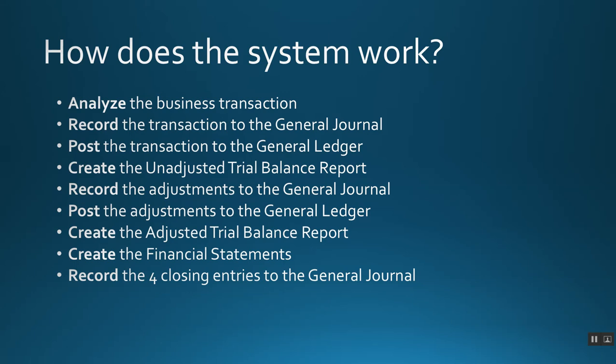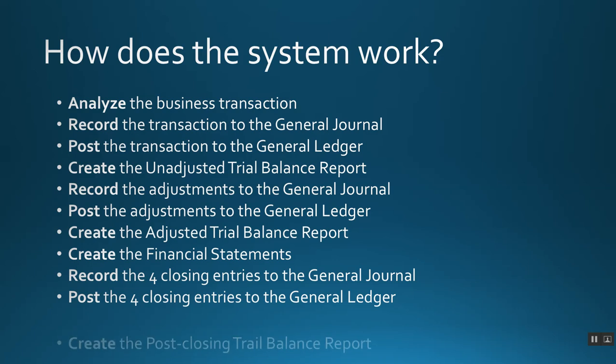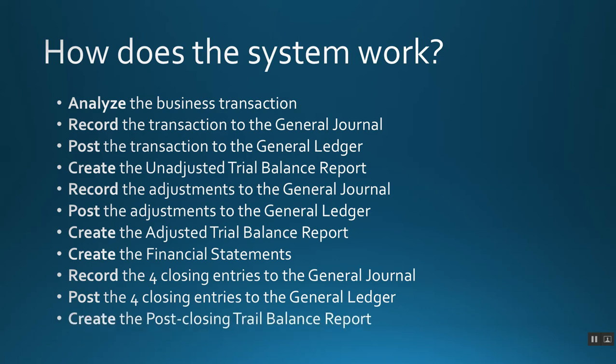Fresh, new. And so we record the four closing journal entries to our general journal. So we thus close out those four accounts. We then close out the four accounts in our storage area, which is called our general ledger. And then we create the post-closing trial balance report to show that we've updated those four accounts.